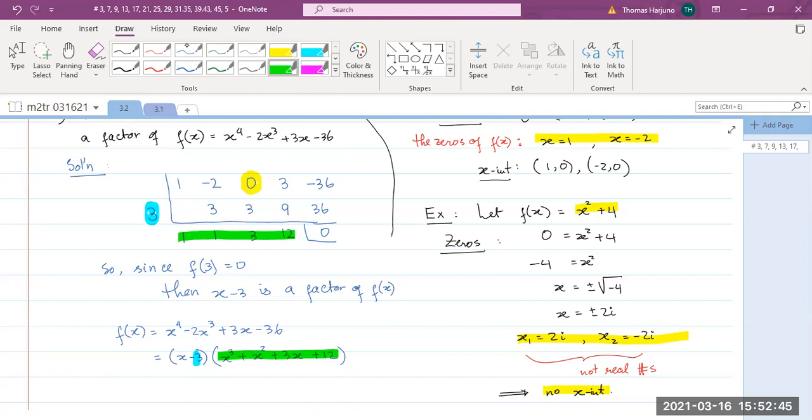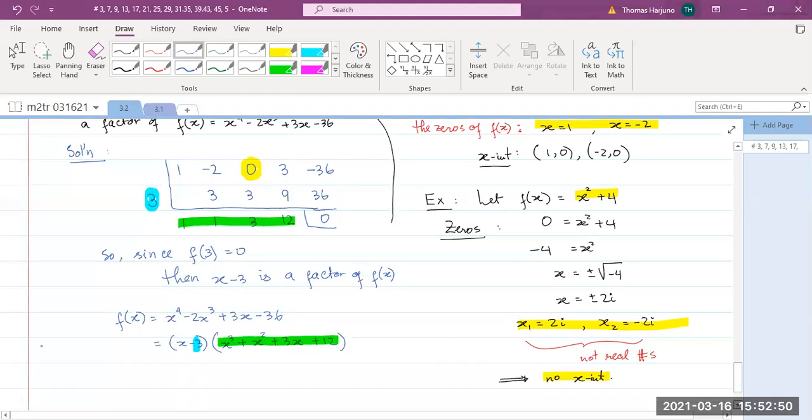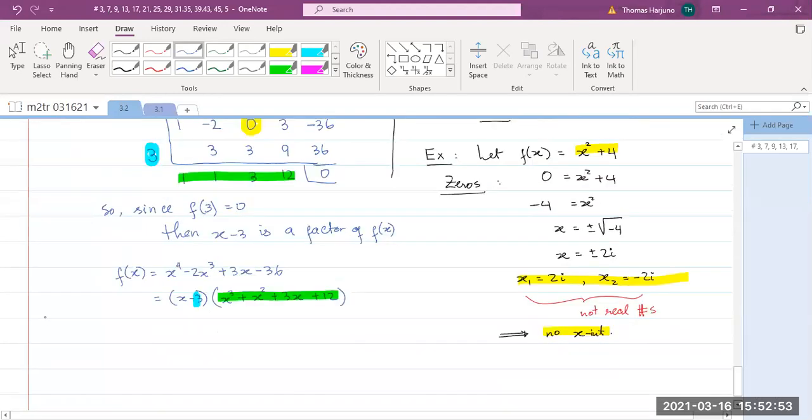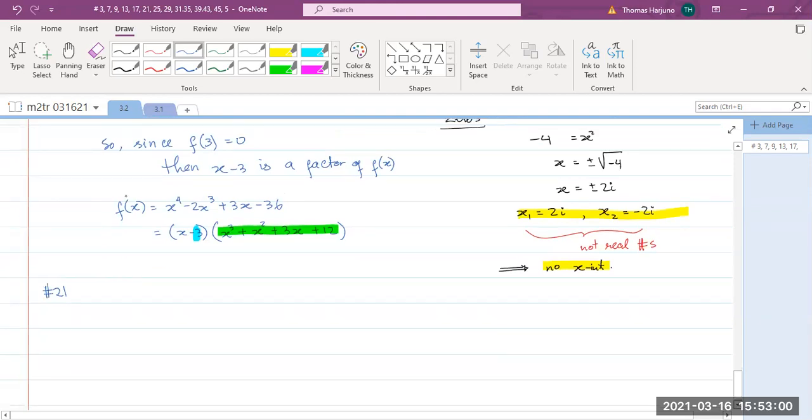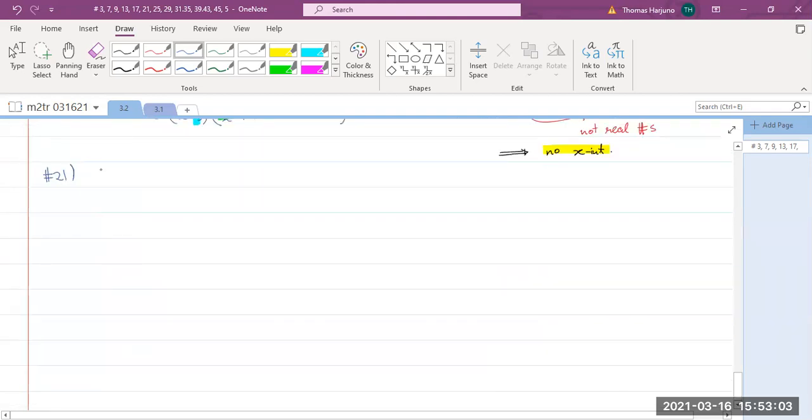Okay, number 21. Find a polynomial f(x) with leading coefficient 1, so a_n equals 1, with given degree and zeros.